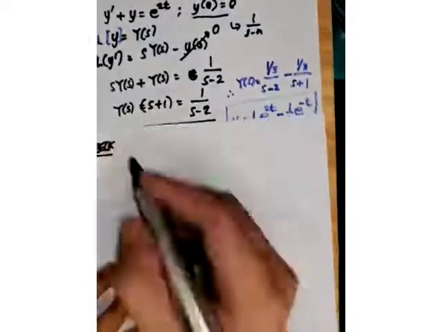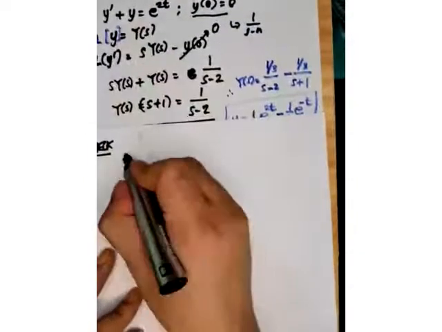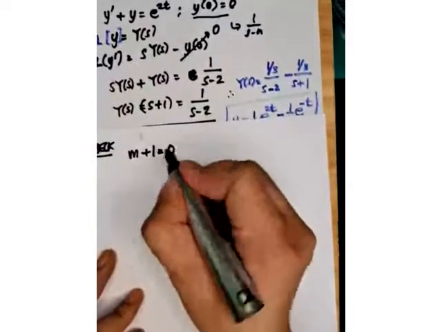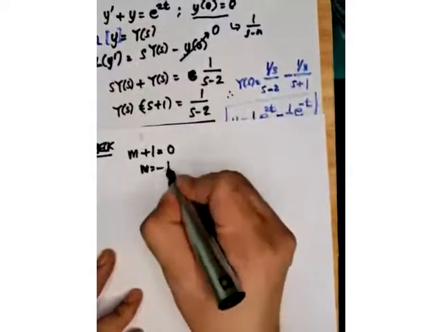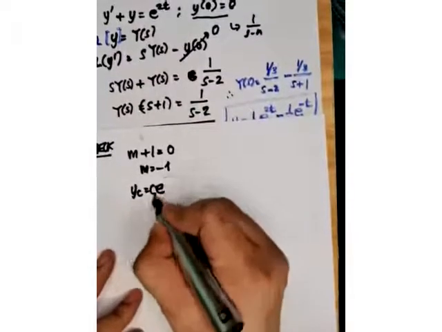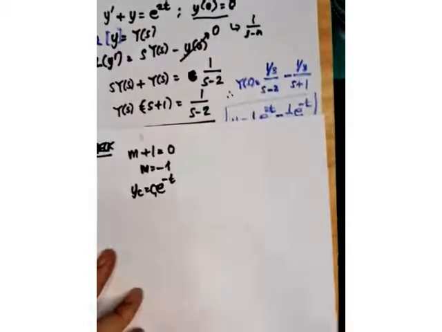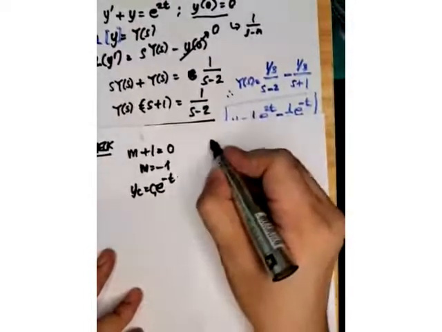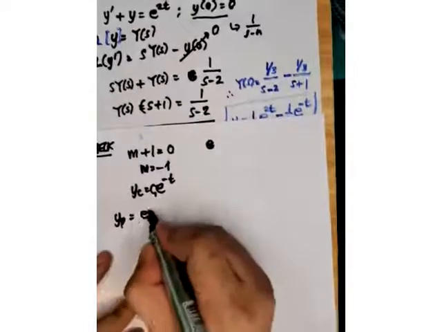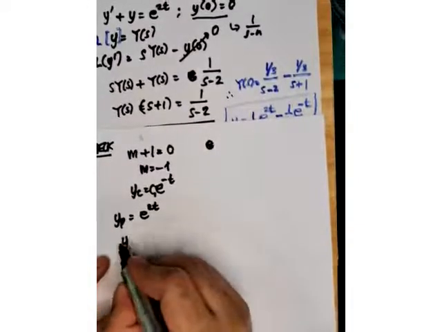And so, we'll see sino mas mabilis. So, this is m plus 1 is equal to 0. So, m is equal to negative 1. So, yung y sub c natin ay c1 e raised to negative t. Ayan. So, paano naman yung ating y sub p?